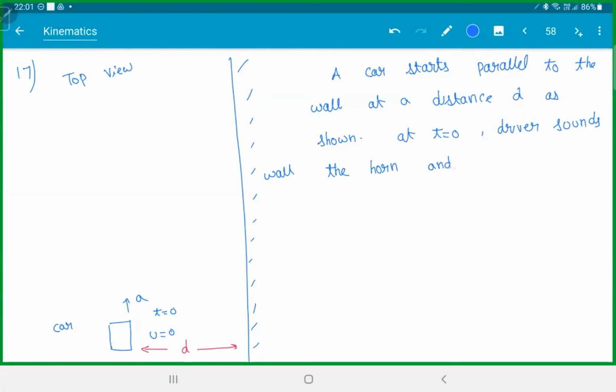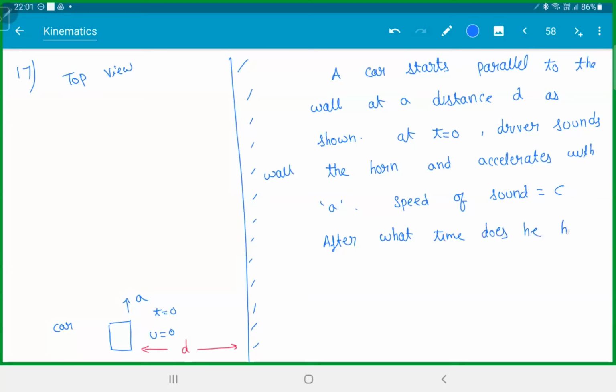Let's say the speed of sound is c. The question is, after what time does he hear an echo? I hope everyone knows what an echo is, right? The sound hits the wall and comes back to you. That's called an echo.